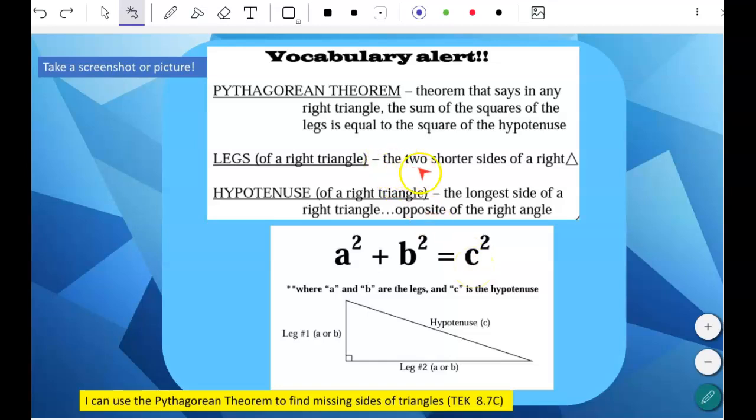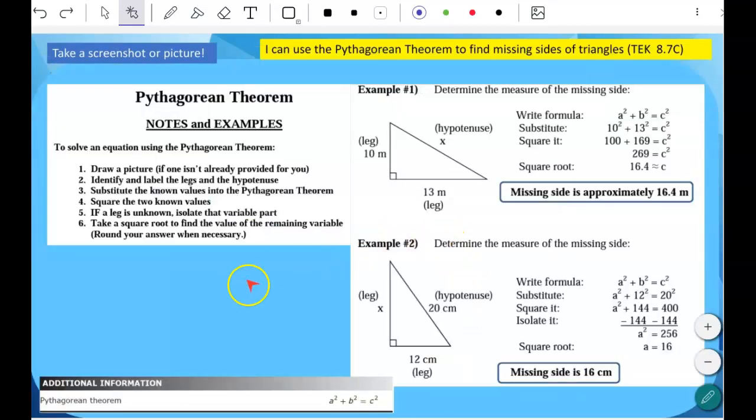All right, and the legs are the two shorter sides. The hypotenuse is the longest, always across from the right angle, or opposite. So here's a couple of examples. Now, if it's a word problem, you might want to draw a picture. You want to make sure you can identify the legs and hypotenuse.